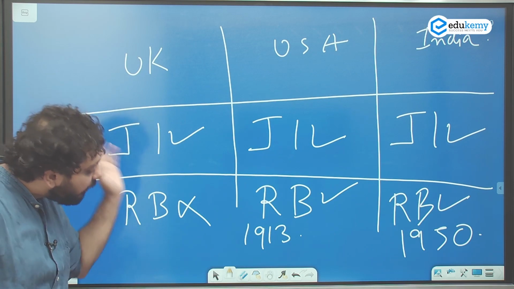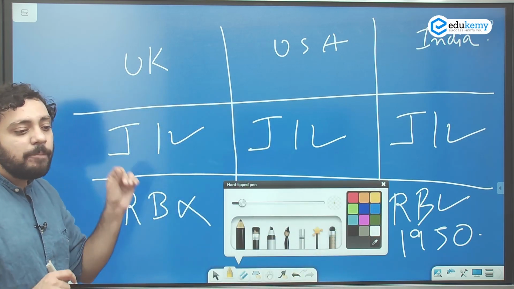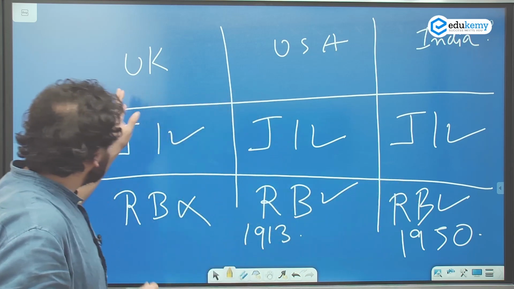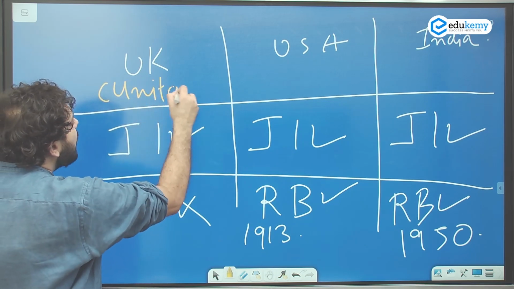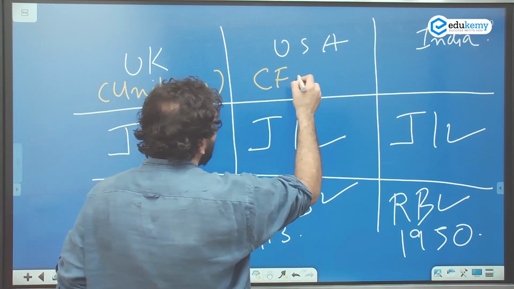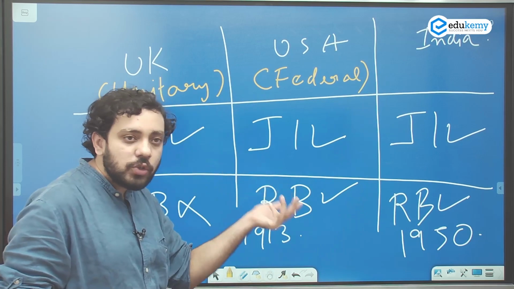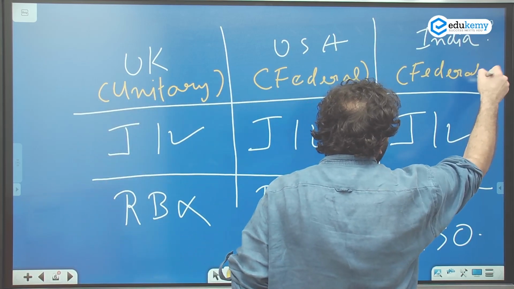The difference I'm trying to highlight here is that in the United Kingdom, we do not have a federal form of government; we have a unitary form of government. In the USA, you have a federal form of government, and according to the question, we are already assuming that India has an element of federal character in its polity.